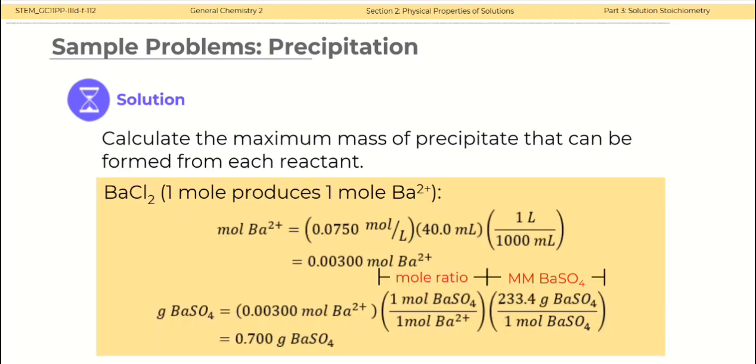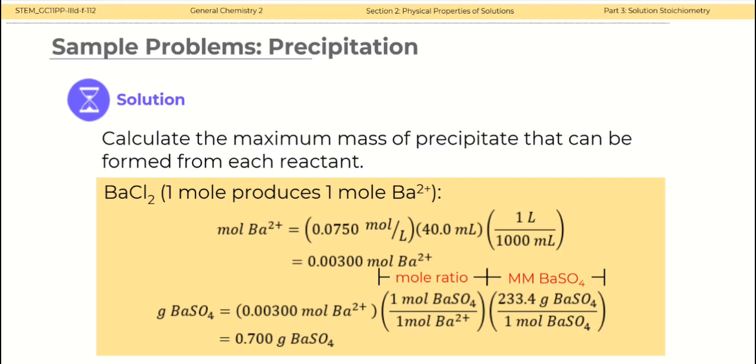Calculate the maximum mass of precipitate that can be formed from each reactant. For barium chloride, 1 mole of the compound produces 1 mole of barium ions. Thus, the number of moles of barium ion equals the molarity times the volume of the barium chloride solution, which equals 0.002 moles.